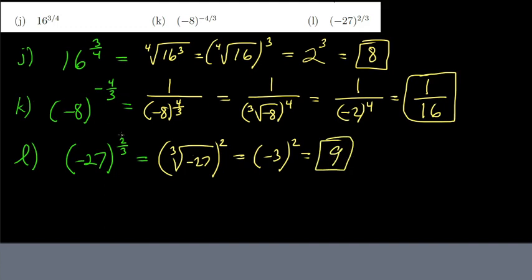And the main reason for that is because the numerators here are even numbers, and when you have an even number of negative signs, they cancel and become positive. A negative times a negative is going to be positive. Okay, all right, so moving on.